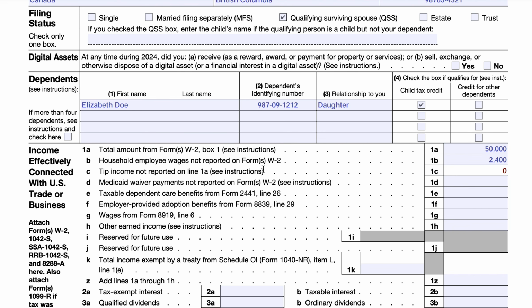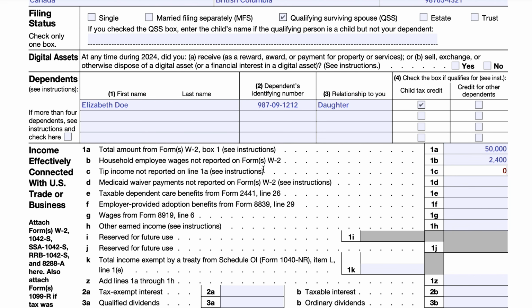In line 1E, taxable dependent care benefits from IRS Form 2441. So if you have dependent care benefits that were provided by your employer, maybe they paid an allowance or provided some sort of employer-sponsored dependent care program, then you should see something reported in box 10 of your Form W-2.